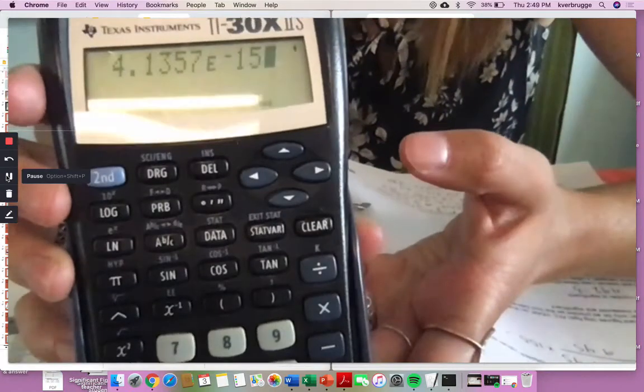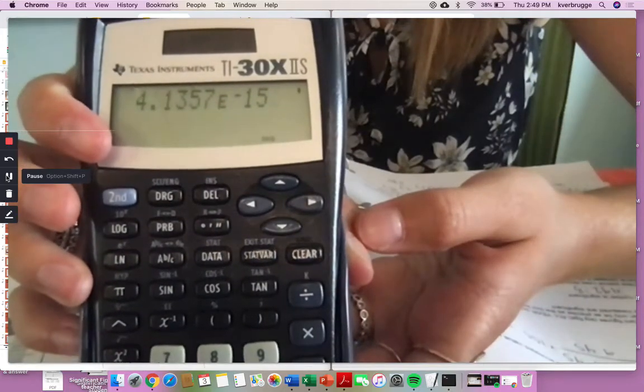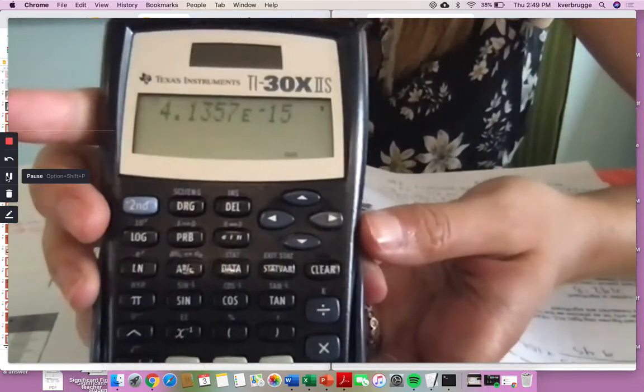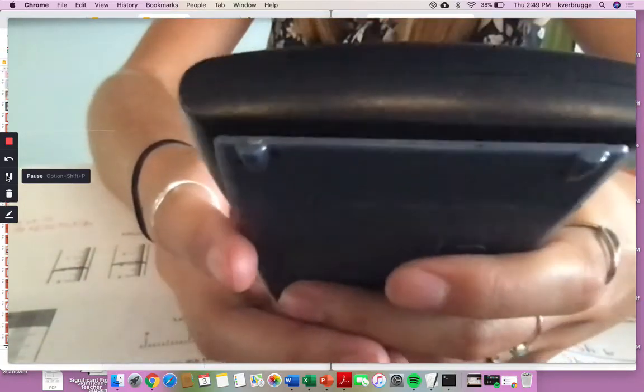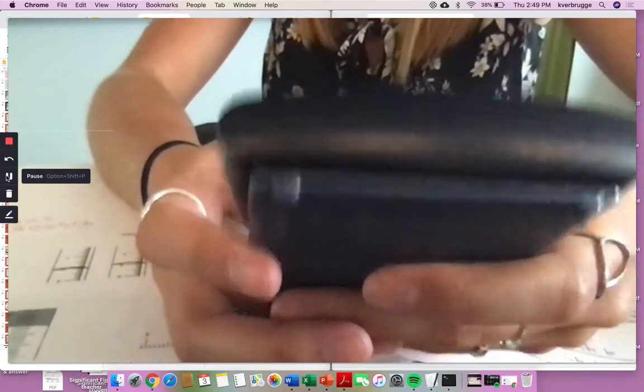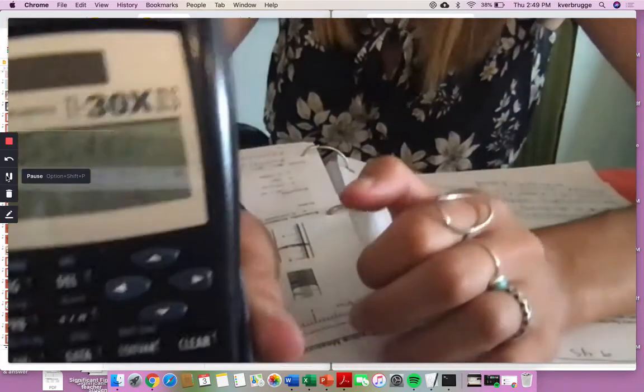to the negative 15. If you use the E function, you can then type your multiplication. So times 5.4 EE 2, that's 10 to the 2.